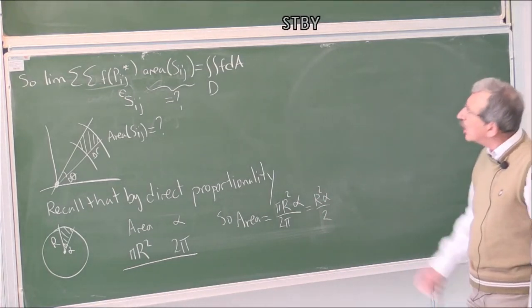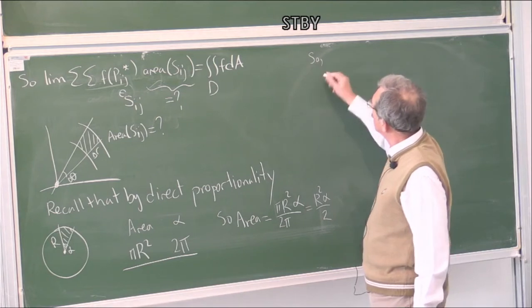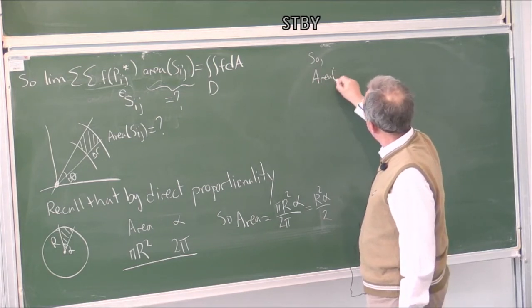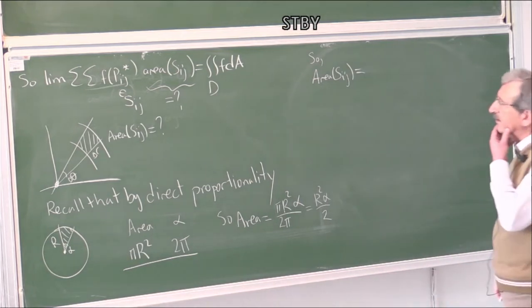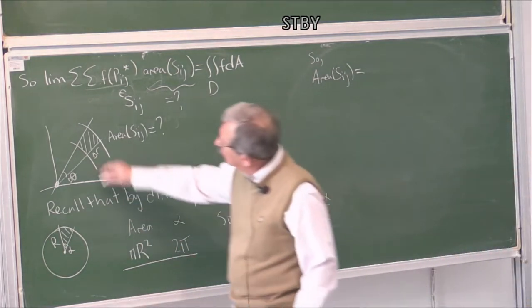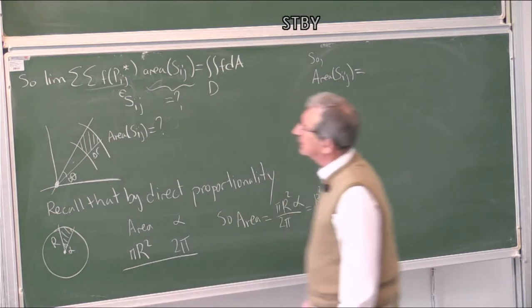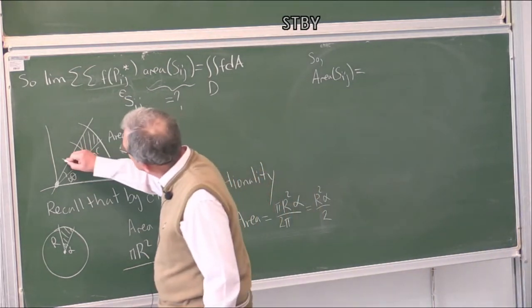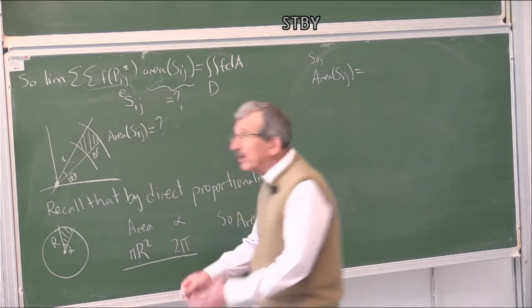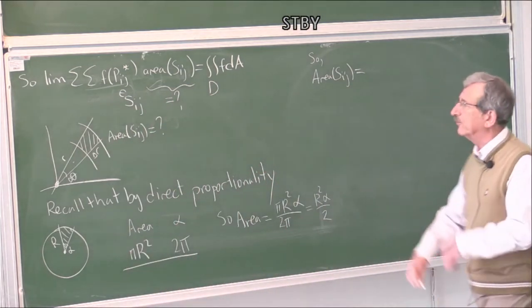So, the area of S_ij is a difference of two areas. You can call the smaller radius r, the bigger one r plus delta r, for instance.